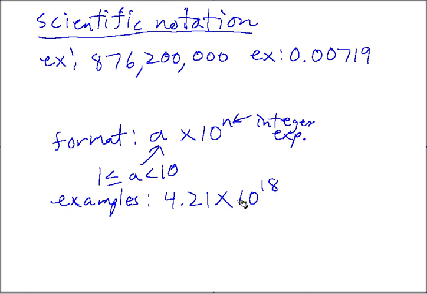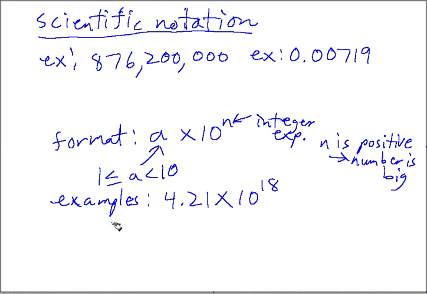This might be the distance from Earth to another galaxy, if we're talking about light years, for example. So when n is positive, it means the number is big.